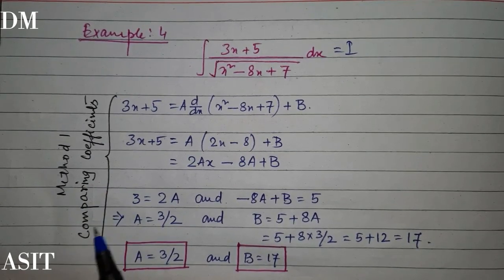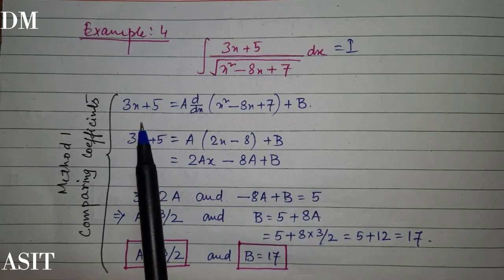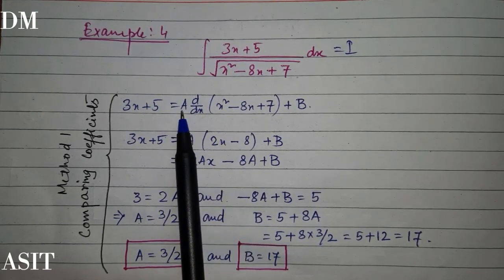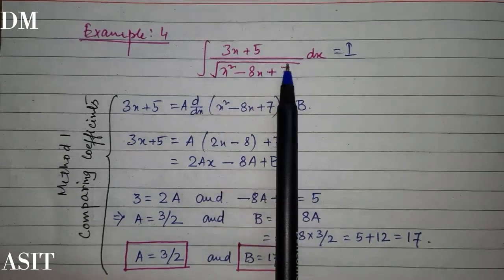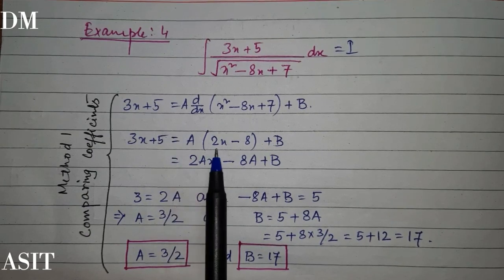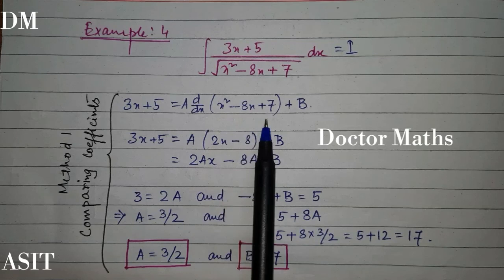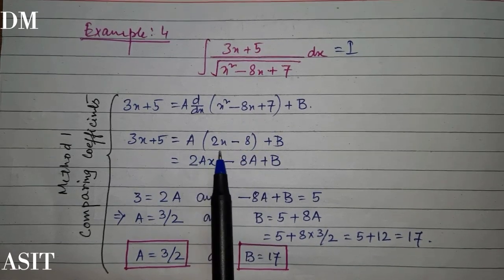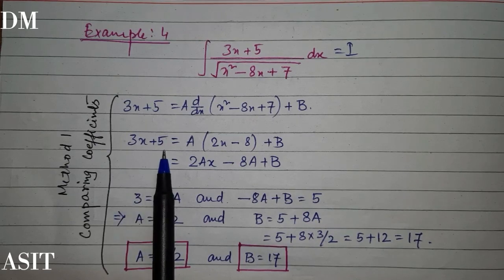So the first method is comparing the coefficients. Here we have to write the linear expression as a into the differentiation of the quadratic expression plus b. Don't use the square root here, only the quadratic expression. So a into 2x minus 8 plus b is equal to 3x plus 5.